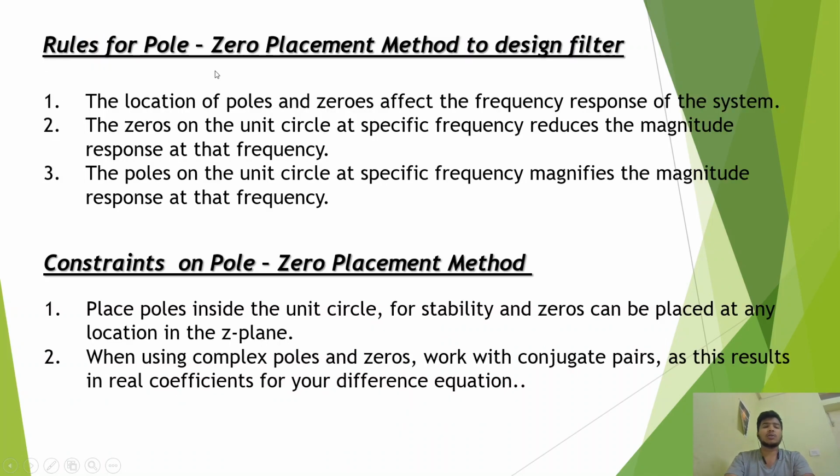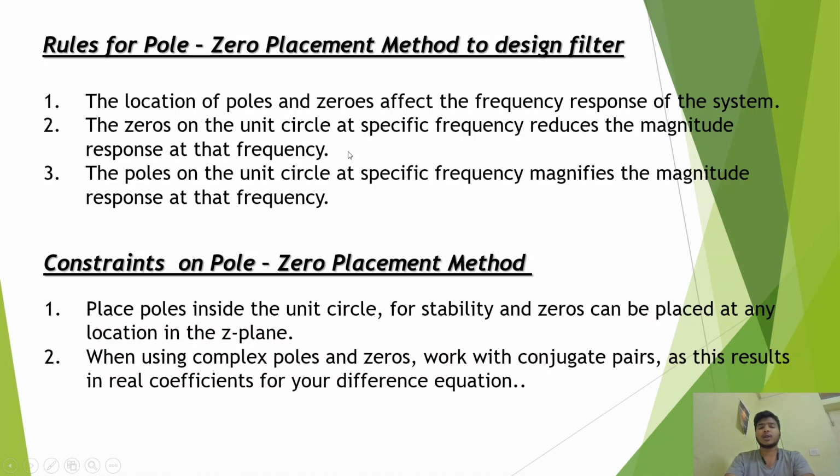And what are the rules for placing poles and zeros to design a filter? The rules are: first, the location of poles and zeros affects the frequencies of the system. Zeros on the unit circle at a specified frequency reduce the magnitude response at that frequency.